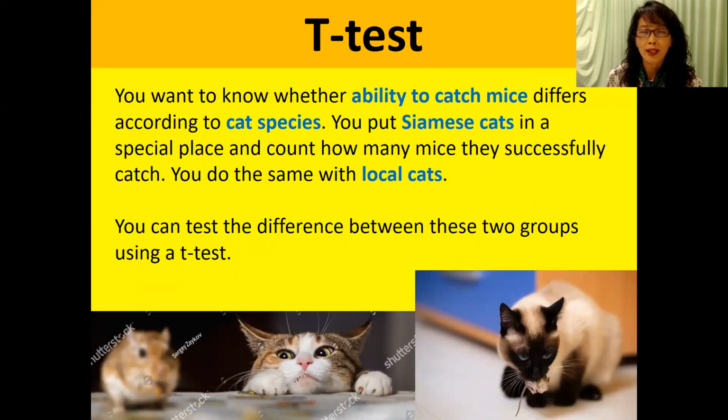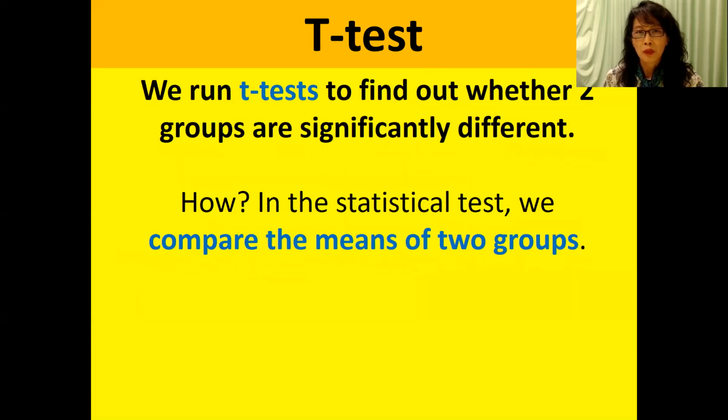So when we compare the number here and we run the t-test, we will find out whether the group of Siamese cats or the group of local cats are the same or significantly different in their ability to catch mice. When we run the t-test, essentially, we are using formulas to compare the means or the average of the two groups.